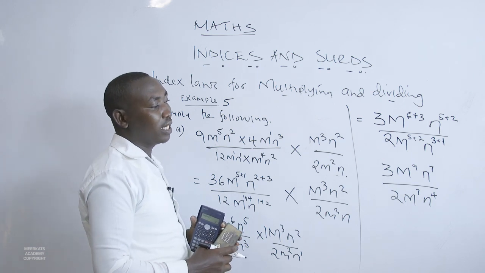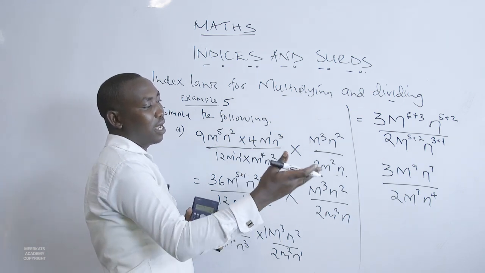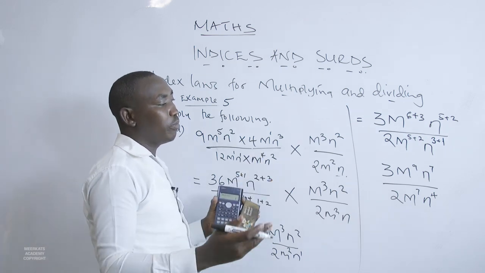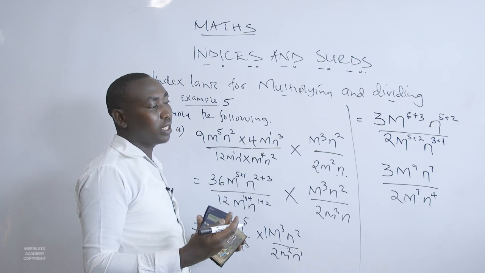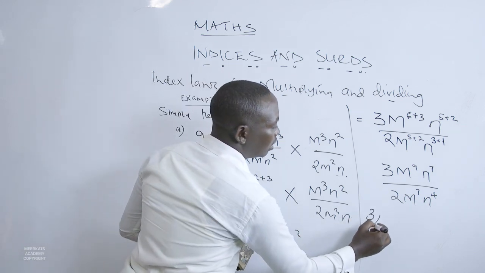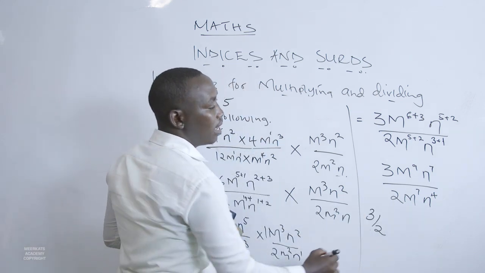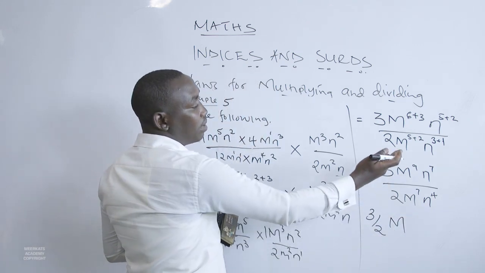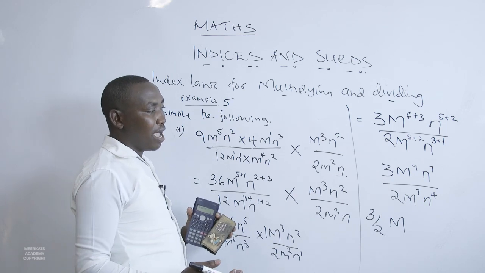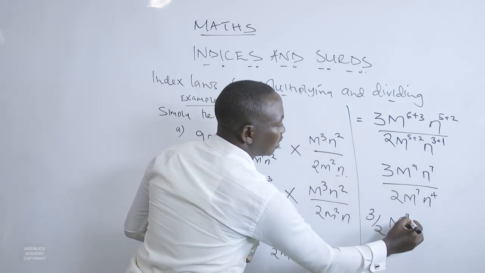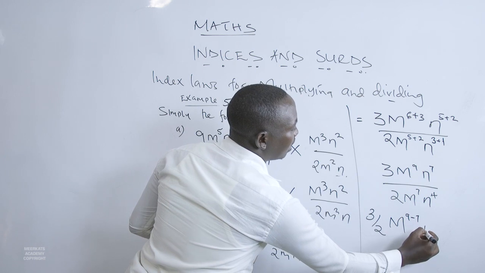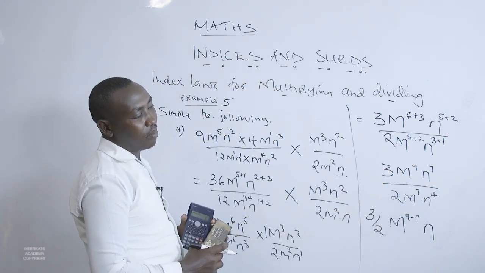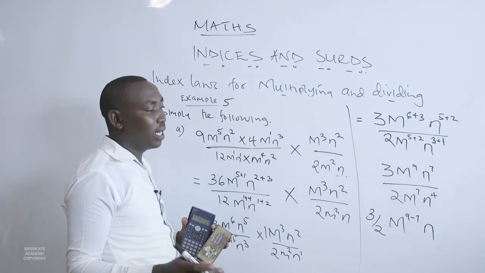That is not the correct answer because you have not cancelled out the numerator and the denominator. So we now proceed to divide the numerator over the denominator. This will result to 3 over 2 into the only two factors m and n. Then we're dividing m raised to 9 by m raised to 7. So this will give us 9 minus 7. Then n, it is n raised to 7 divided by n raised to 4.